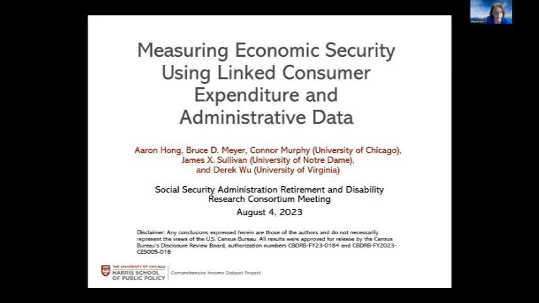Bruce Meyer is from the University of Chicago Harris School of Public Policy. He studies poverty and inequality, tax policy, government safety net programs such as unemployment insurance, workers' comp, food stamps, Medicaid, and, as we'll hear, the accuracy of household surveys.